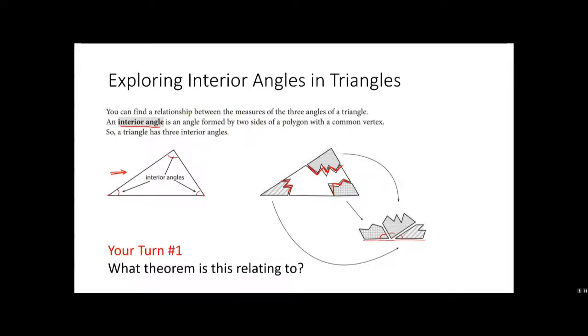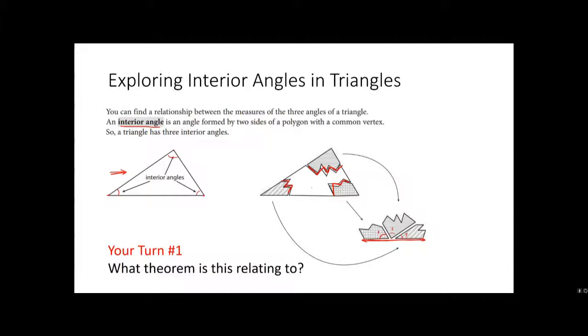What theorem is this related to? If you look at your torn pieces, go ahead and glue them into your notebook. We have angle 1, angle 2, angle 3, and what do they add up to? What theorem is this about? Remember, these angles involve a triangle.